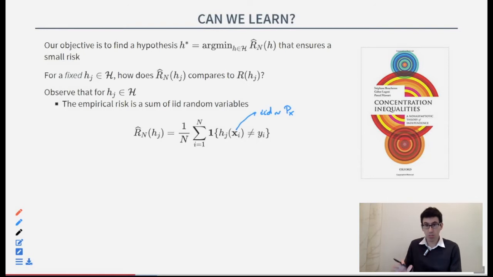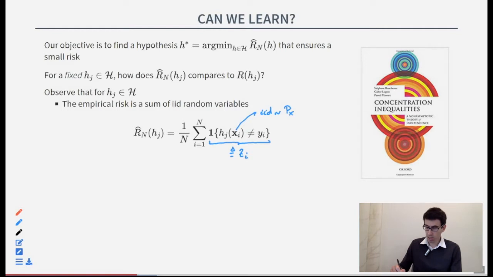Now, Hj is a model, it's fixed, so Hj of xi is a function of the random variable xi. The indicator function is also a function of the random variable xi, and yi here in my model is actually a deterministic function of xi because there's no noise in the label. And so as a result, you can view this indicator function altogether as a random variable, which I'm going to call zi.